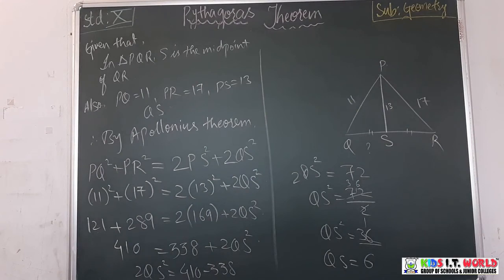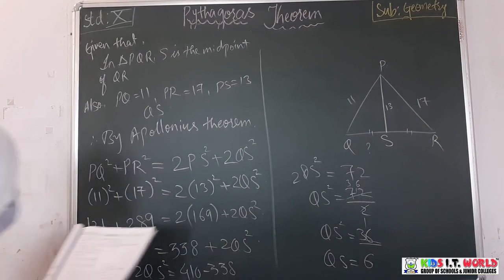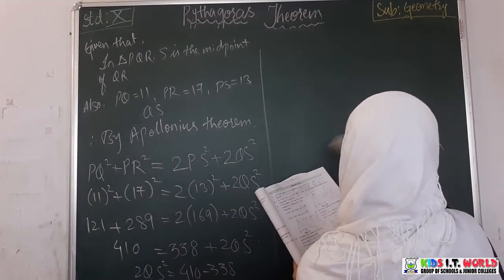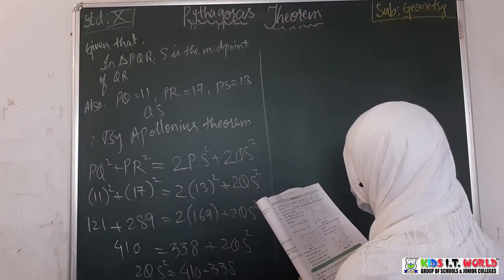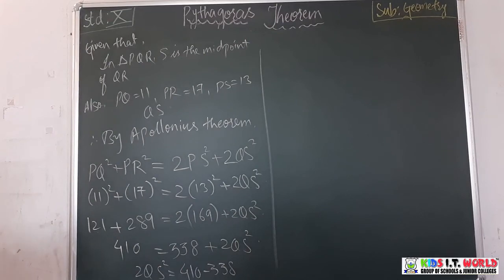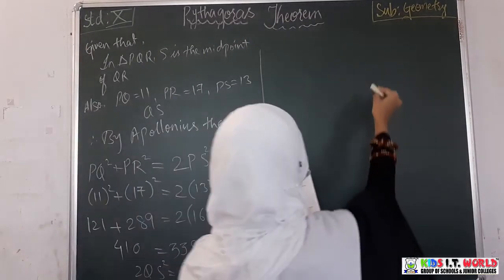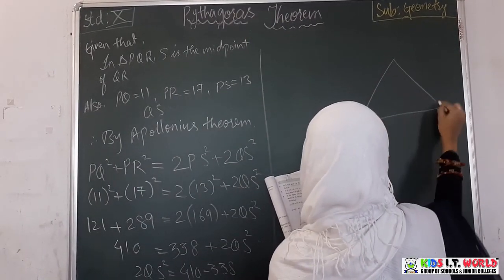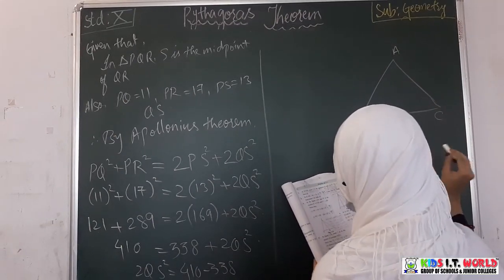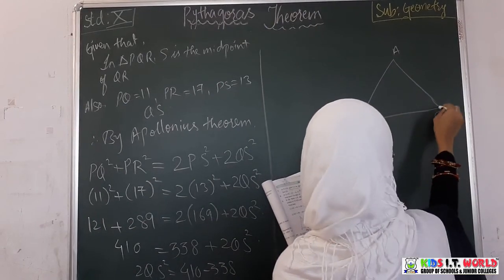Okay. Now question number 2: in triangle ABC, AB is equal to 10, AC is equal to 7, BC is equal to 9. Then find the length of the median drawn from point C to AB.